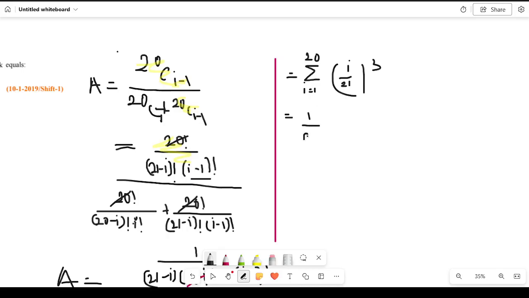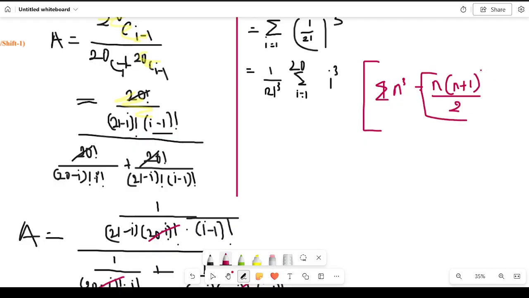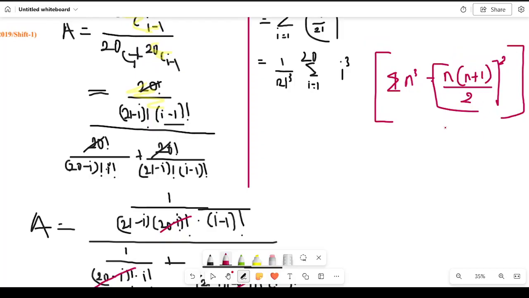So it's 1 upon 21 cube, summation of i cube. Now we know that the sum of n cubes is (n times (n plus 1) upon 2) whole square, similar to the sum of n terms but squared.